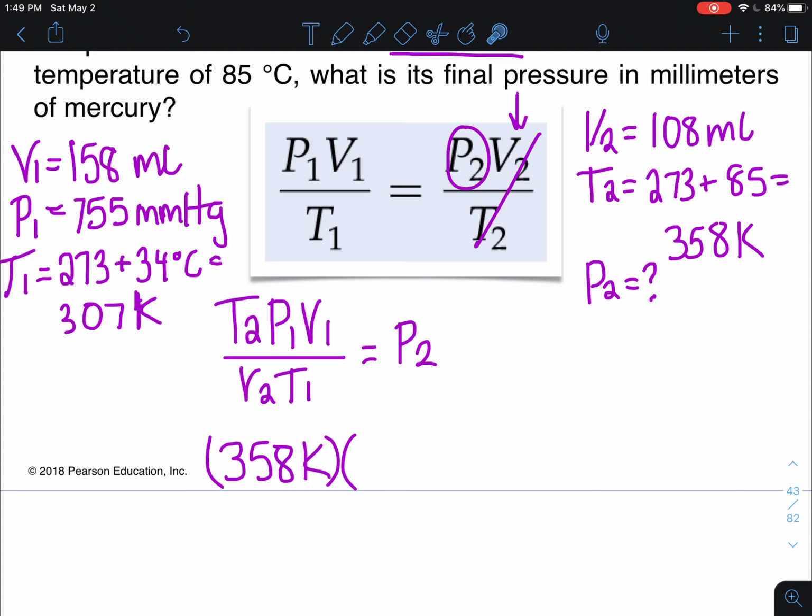My P1 is 735 millimeters of mercury. I can keep it in millimeters of mercury because my final pressure needs to be in millimeters of mercury, so I'm good. And then V1 is 158 milliliters.